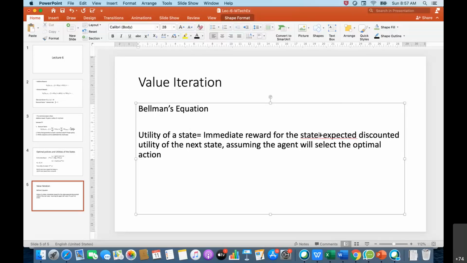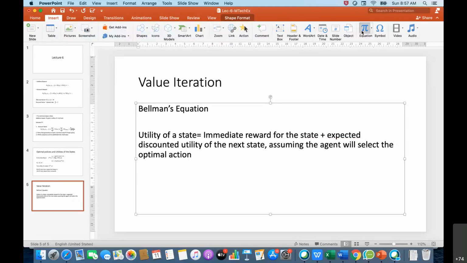This concept is known as Bellman's equation, and now we are going to write it down mathematically. How can it be written down mathematically?